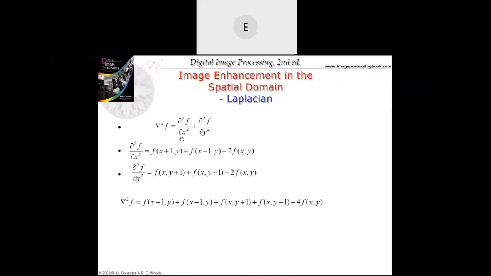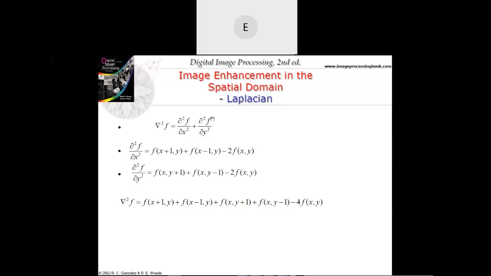This is the second order derivative in the x direction, this is the second order derivative in the y direction. Add both of them, and this operation is called the Laplacian operation. Please remember this. That means taking the second order derivative along the x direction and y direction and adding them.